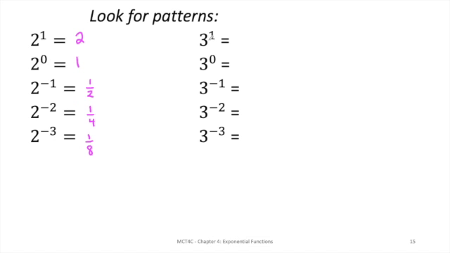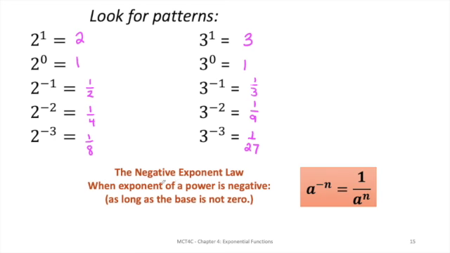Okay, then for 3's, you're going to get 3, 1, 1/3, 1/9, 1/27. So this is your negative exponent rule. All you've done is, when the exponent of a power is negative, as long as the base is not 0, you flip it and put it as a fraction over 1 with a positive exponent in the denominator.